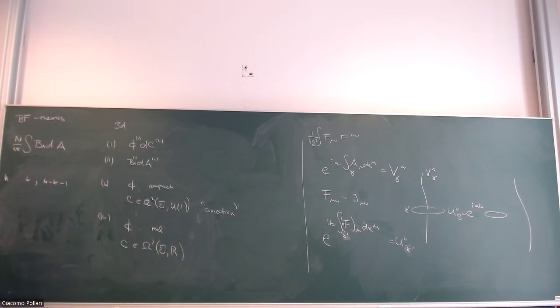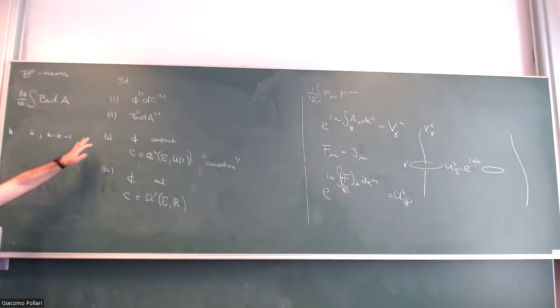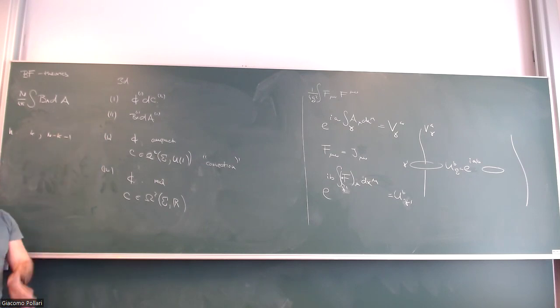And again, connection, right? So what are the operators I can construct here? Same for this one, there will be just both two forms valued in U1 or R.